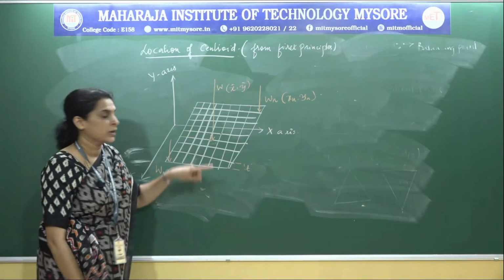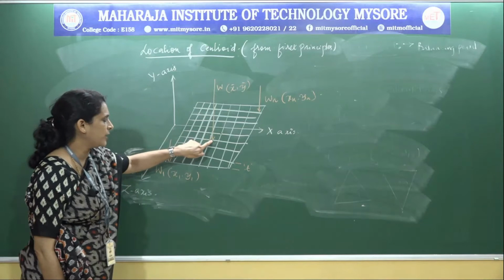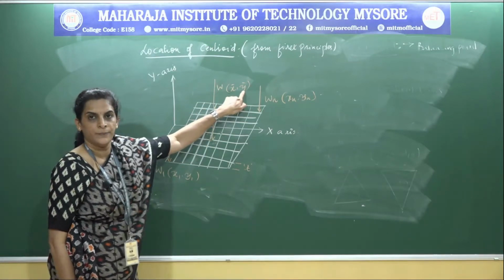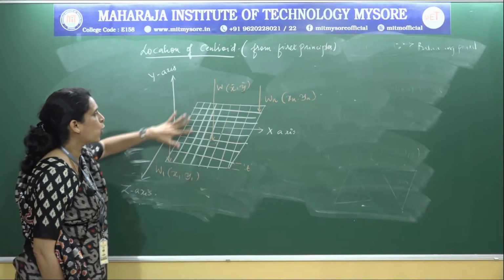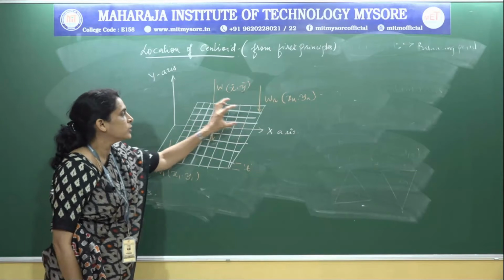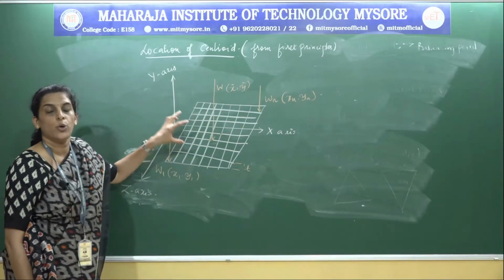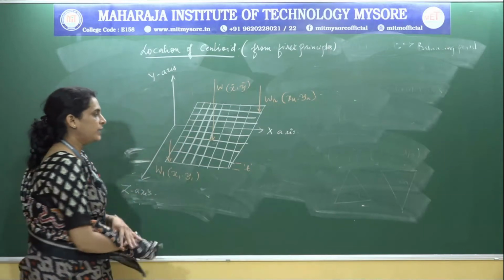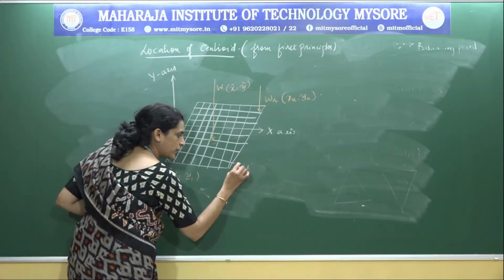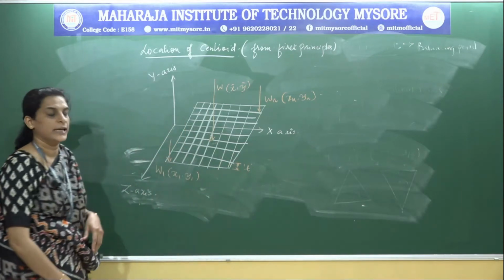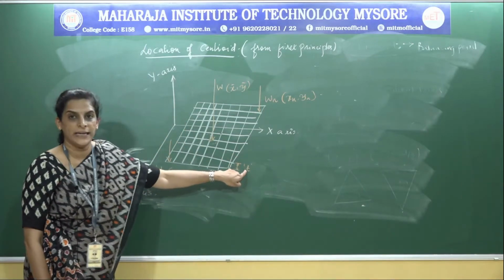So this is the point which has x bar and y bar. Further, the whole body is divided into n number of smaller elements whose areas are defined here. The thickness of the individual elementary figures is represented by T.